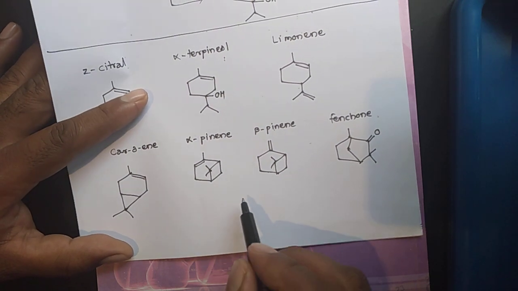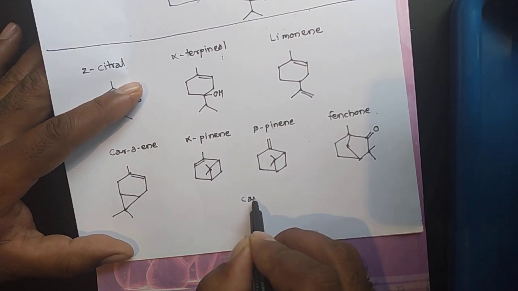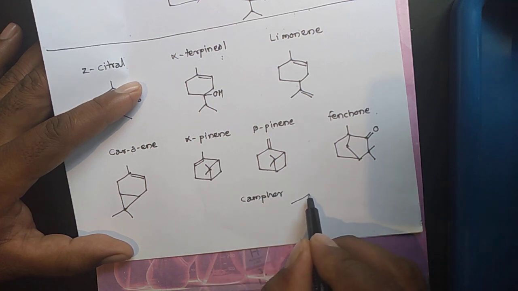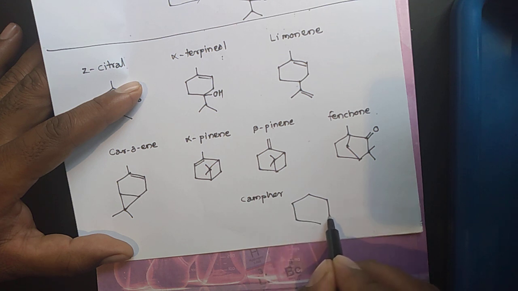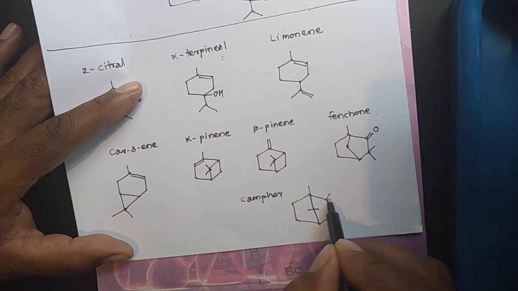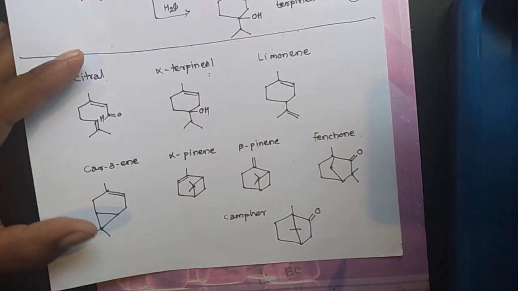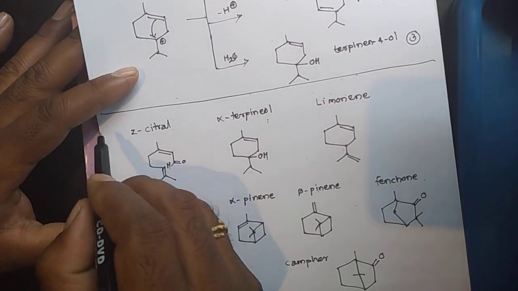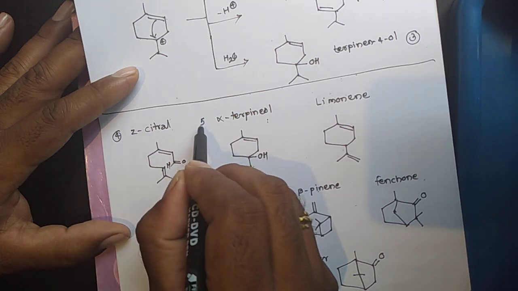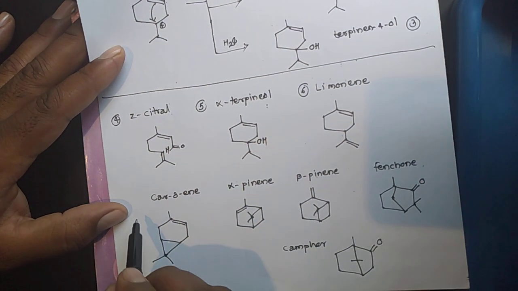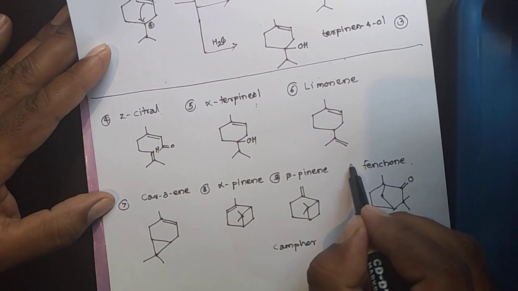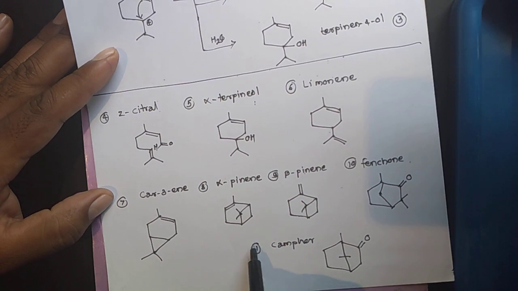And the last and very important compound which we have learned is camphor. So the structure of that one, very interesting. Okay, so 1, 2, 3, then this is 4, then 5, 6, 7, 8, 9, 10, 11.